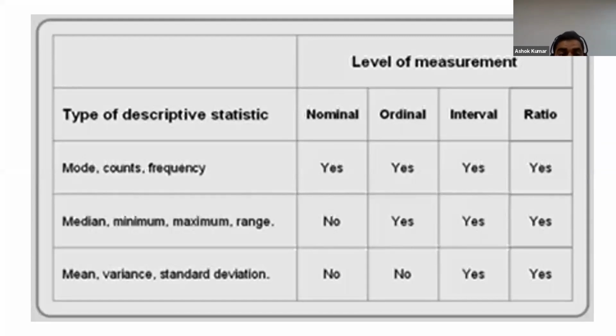So a lot of issues will be created if we order the state variable. So it comes into the nominal level of measurement. For the nominal level, when we talk about descriptive statistics, we can do only mode, count, frequency, and percentage. So this is the beauty of levels of measurement and types of descriptive statistics.